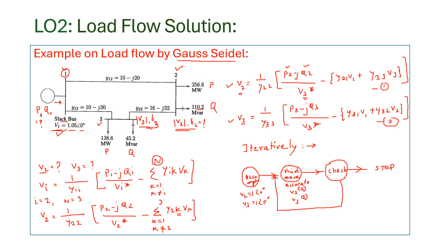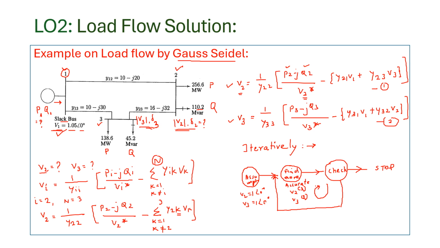If the convergence criteria are satisfied, then stop, or else go to the next iteration. This repetitive calculation of voltages is what we call iterations. The important point is that in Gauss-Seidel, importance is given to voltages. Voltage equations are obtained, and those equations are solved iteratively.